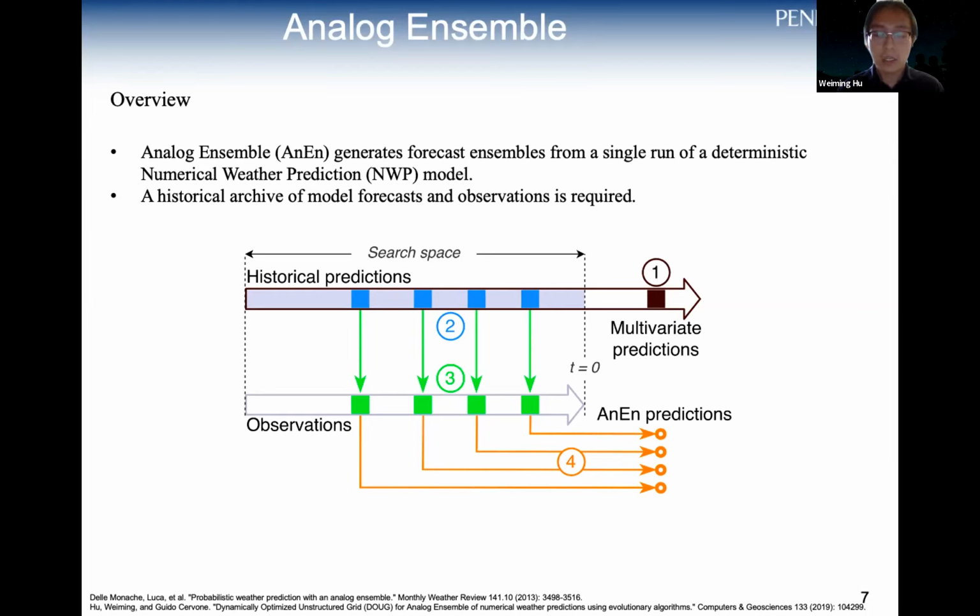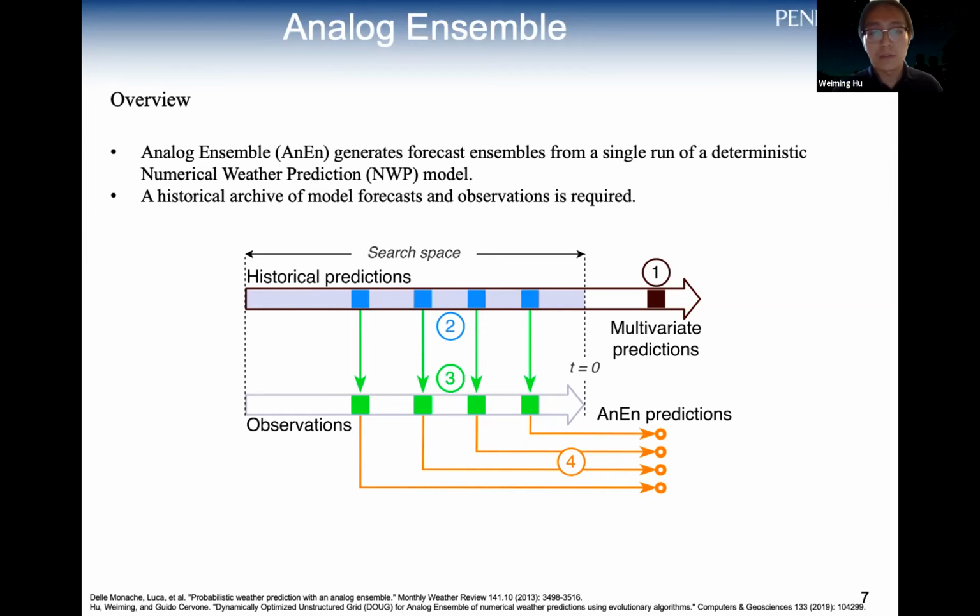There are 4 steps. The first begins with, let's say, a current multivariate prediction from the NWP model. It can be a multivariate prediction for the next 24 hours. And then second, we search in our historical period, compare the current forecast with historical forecasts and try to identify the most similar ones from the past.